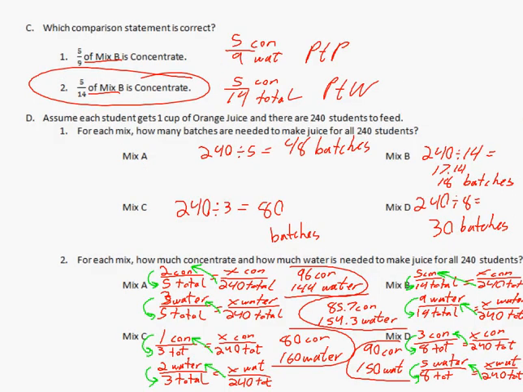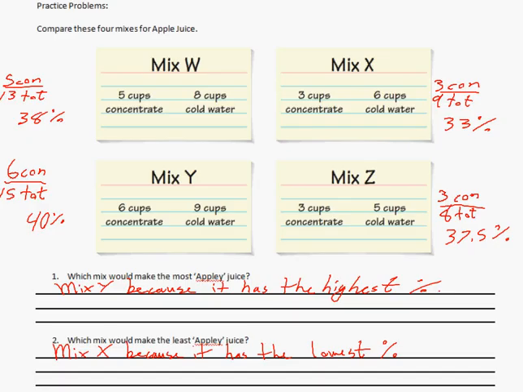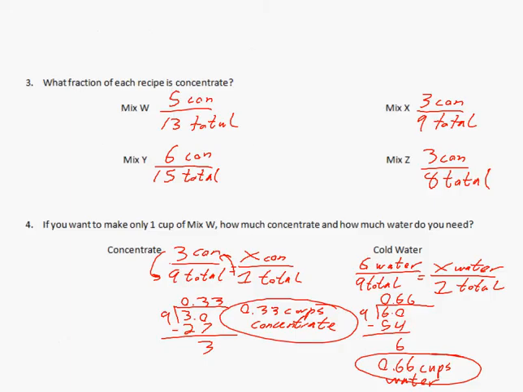We answered some questions about those mixes, did some cross multiplying and dividing. During the practice problems, we compared mixes of apple juices, figured out which one's the most appley and least appley, and then answered some questions about those juices. This is the end of lesson 2.1. Up next is lesson 2.2 of comparing and scaling.